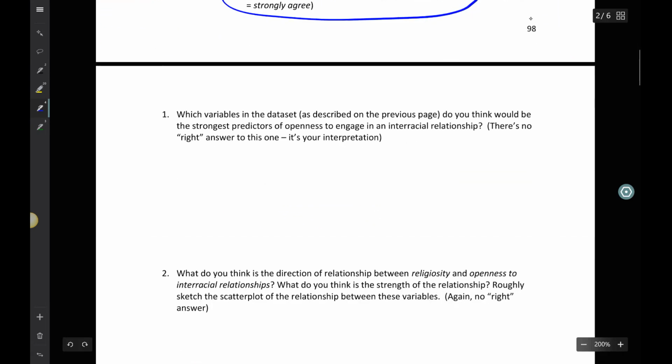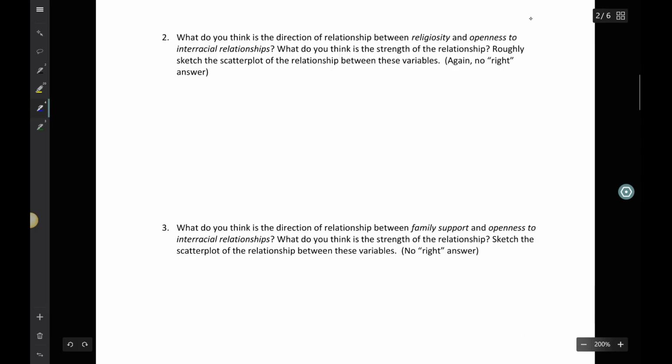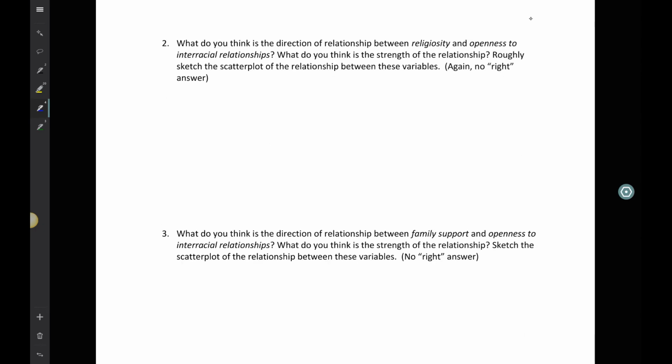Okay. Numbers 2 and 3, I'm asking you to think about what the direction of a relationship between a couple variables might look like. And what the strength might look like. So I potentially want to see, do you think that that would be a positive relationship? Do you think it would be negative, or do you think there's no relationship?